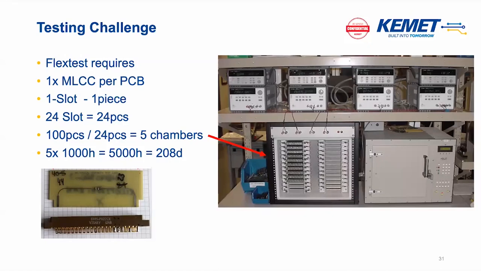We had to test 100, so we have 5 times 1000 hours, so it's 5000 hours in total. That means we have blocked this chamber for 208 days just for one test, just for one piece for Volkswagen. And that is, of course, a huge challenge that will keep us busy for some years.